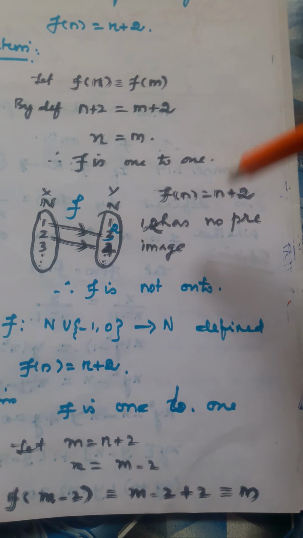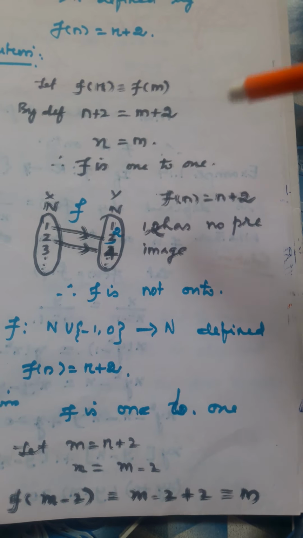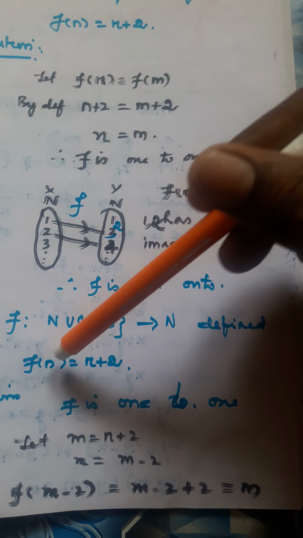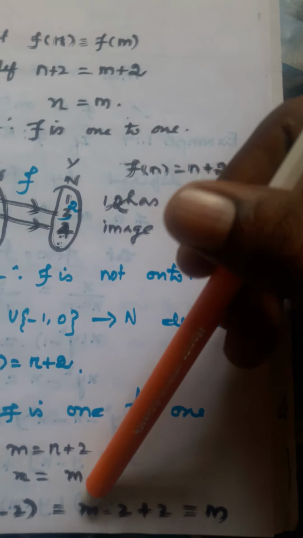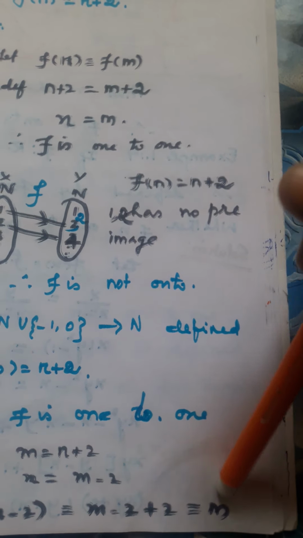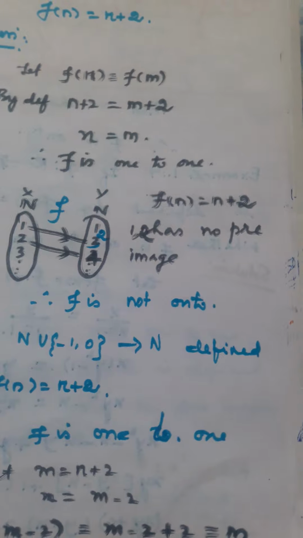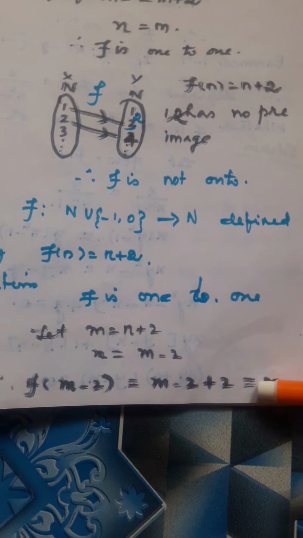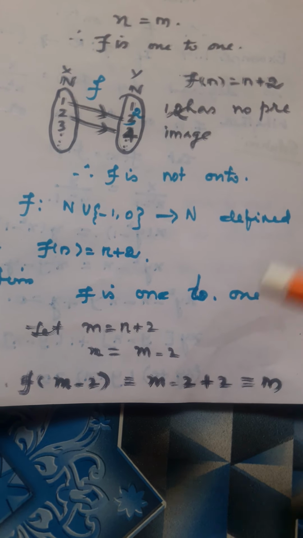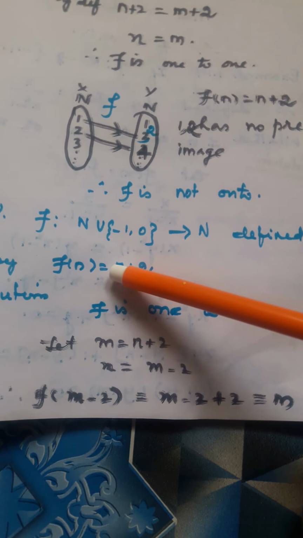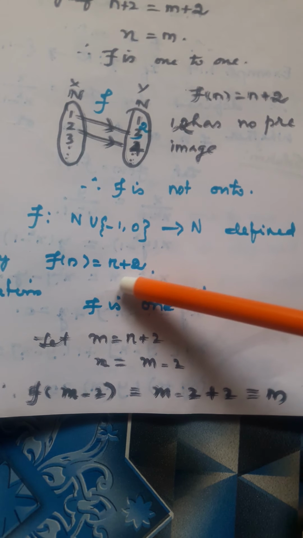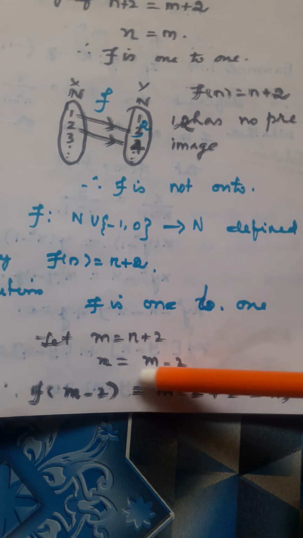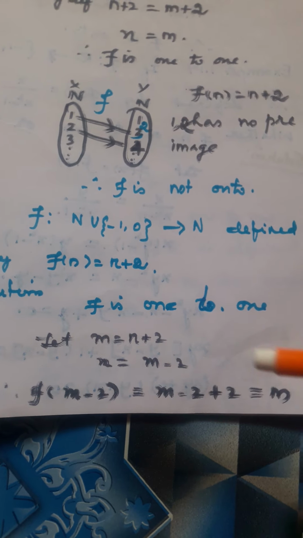You can give the function some value like x or a or b, find the n value in terms of the other letter, and substitute it in your function. f of m minus 2 equal to m minus 2 plus 2 equal to m. Then this is the condition for an onto function. So what we can conclude: f of m minus 2 equal to m means your function is onto. If you are not getting m, the function is not onto, right? So take the function equal to some letter, find the other letter in terms of what you have taken, and substitute in your function, you will get m.